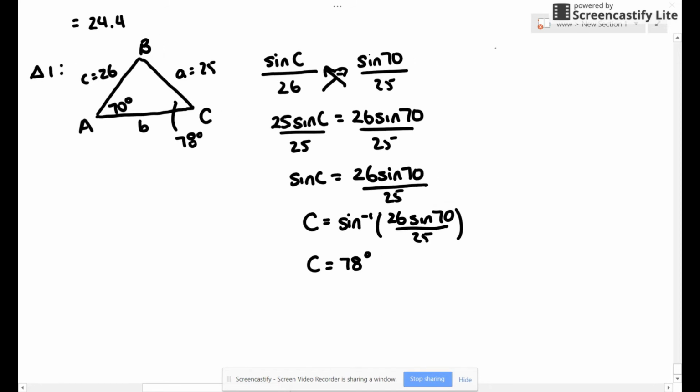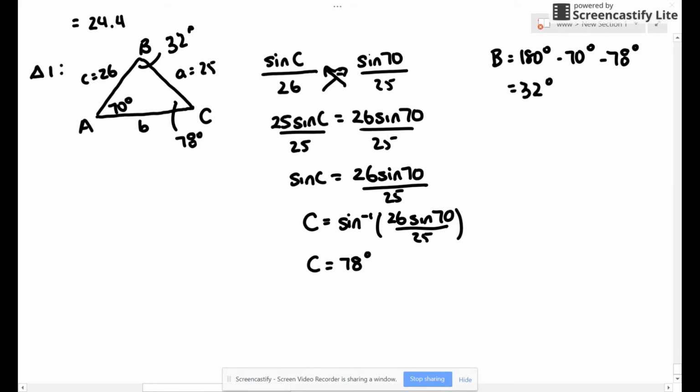So angle B for me is just going to be 180 subtract 70, subtract 78 degrees. So that's going to leave me with 32 degrees. So I figured out that my angle B here in my first triangle is 32 degrees now.